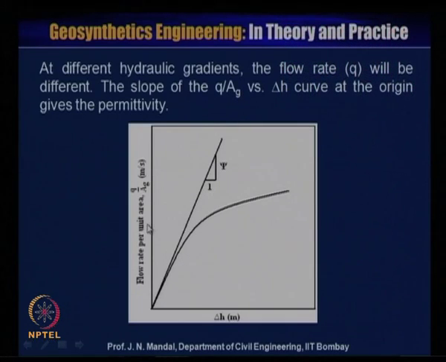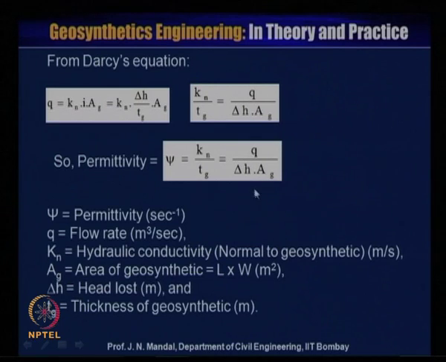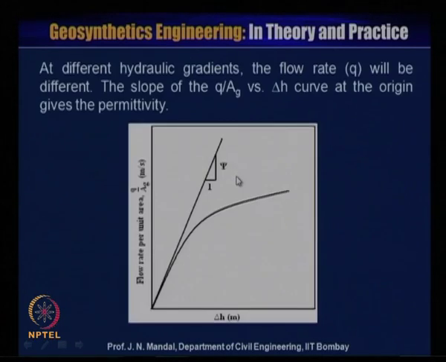Now, you can also draw a correlation between the flow rate per unit area, that is Q by Ag, to the delta H. If you draw the relationship between the flow rate per unit area to the delta H, and draw the tangent and the slope, it will give you the value of permittivity.